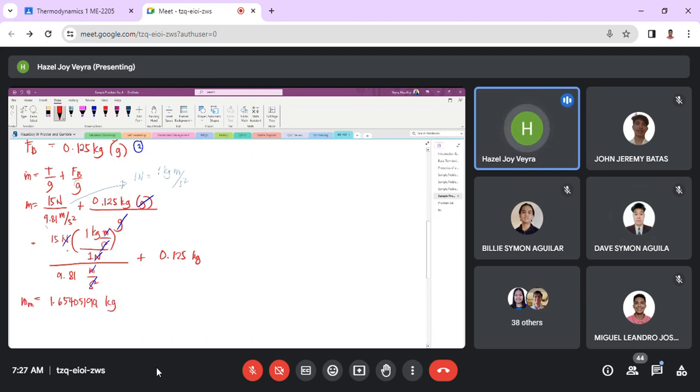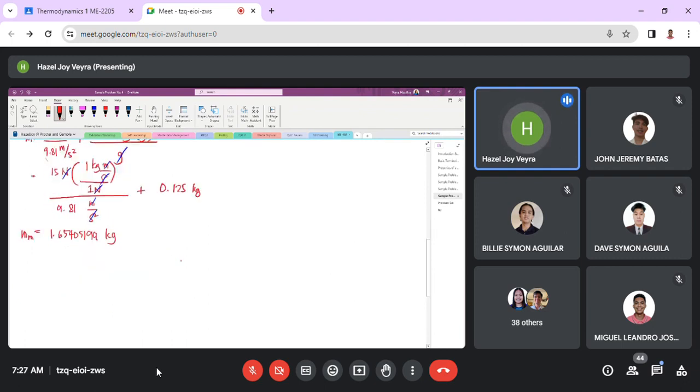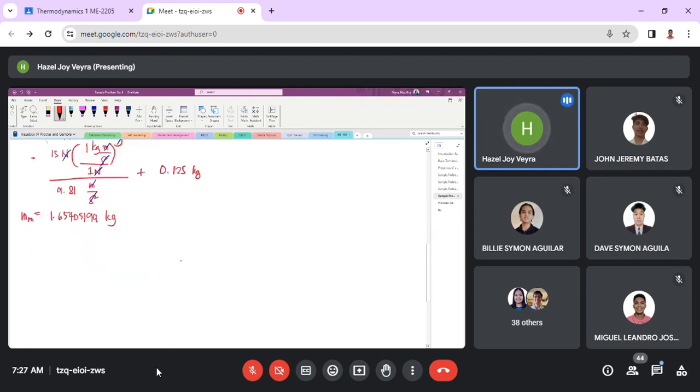And then since we are asked to find the specific gravity, and we already have the mass of the mixture and the volume of the mixture, we're now able to solve for the density. The density of the unknown material is equal to the mass of the unknown material over the volume of the unknown material.